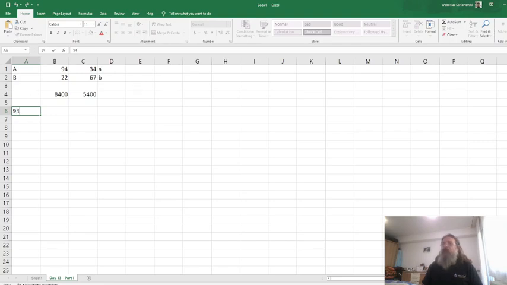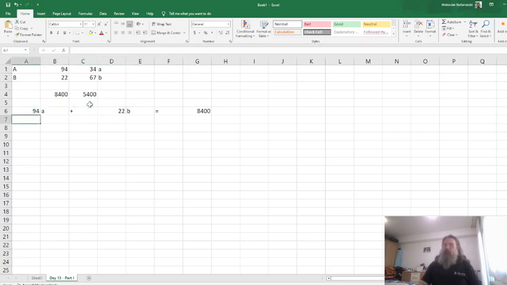94 times, actually, let's use a reference, this many times A, plus, yeah, I want a literal plus, this many times B, and that should be equal to this many X's.